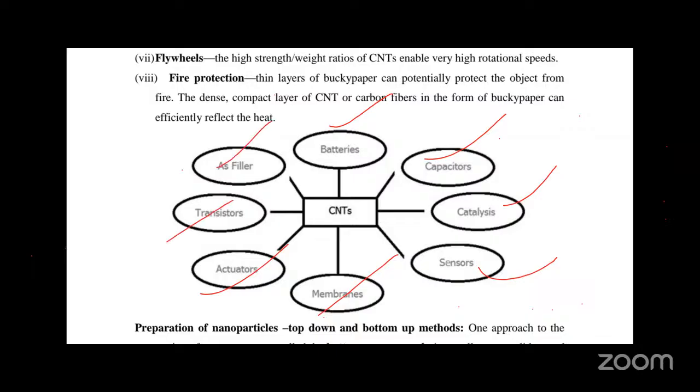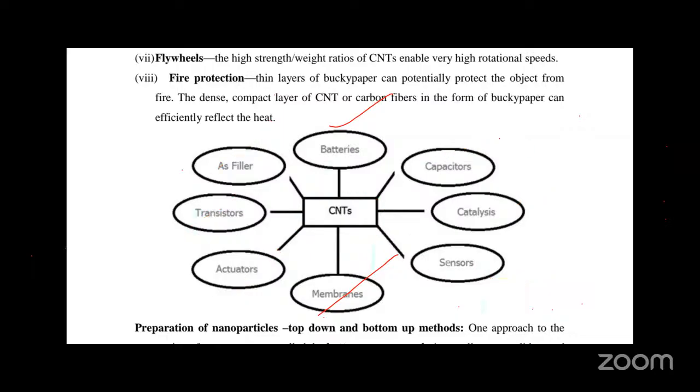These carbon nanotubes have more importance. Whenever two dimensions are in the nano range and the other one is out of the nano range, such materials are examples of one-dimensional nanomaterials.